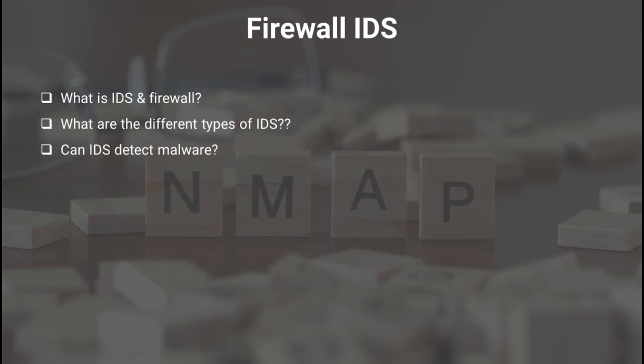A firewall allows traffic based on a set of configured rules, and it relies on the source and destination addresses and the ports. It can deny any traffic that does not meet a specific set of rules.